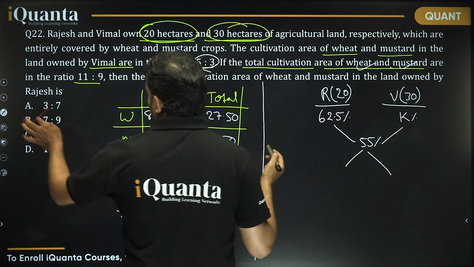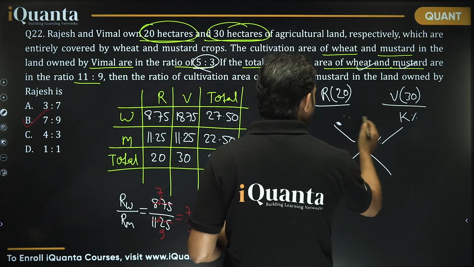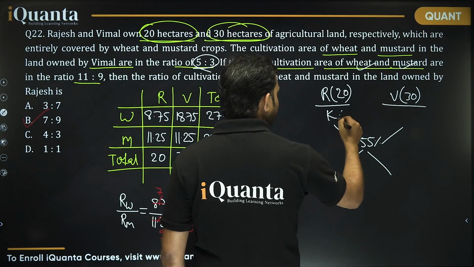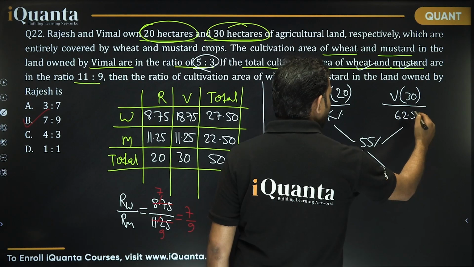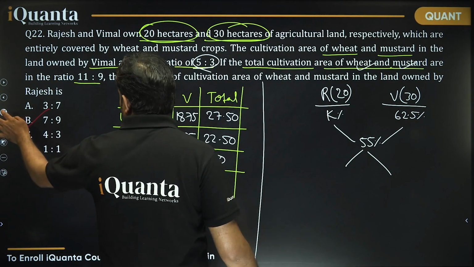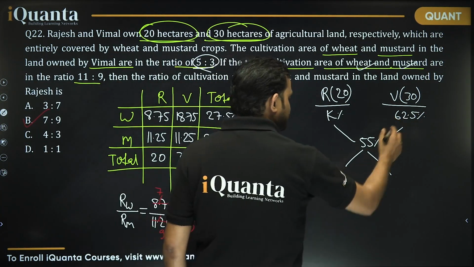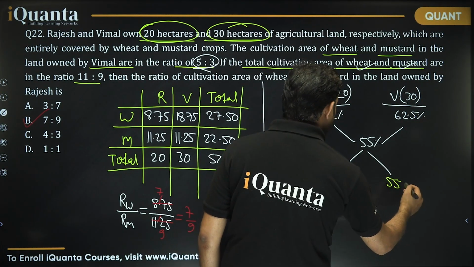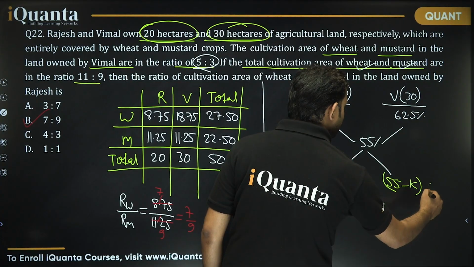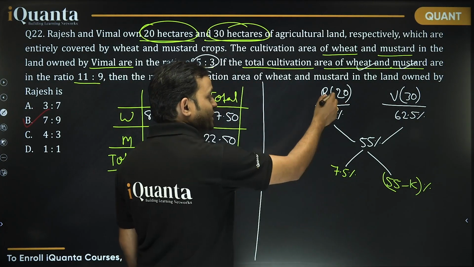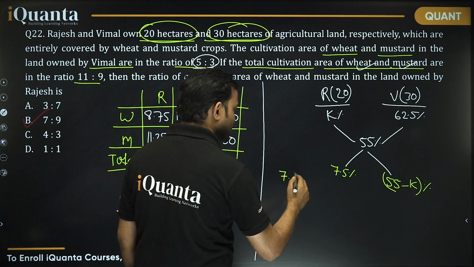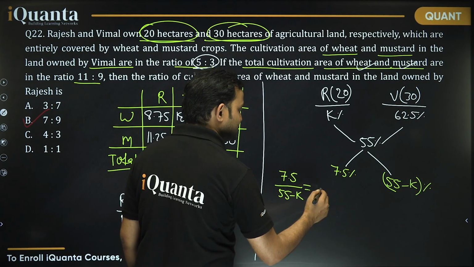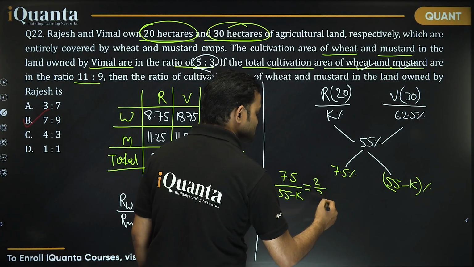Oh, just the opposite of that, this is given for Vimal, right? So let's exchange this value. This is K and this is 62.5%. So what we can say, the difference here is 7.5% and this difference here is 55 minus K percent. Can I say this ratio should be 2 by 3? So 7.5 divided by 55 minus K is equal to 2 upon 3.